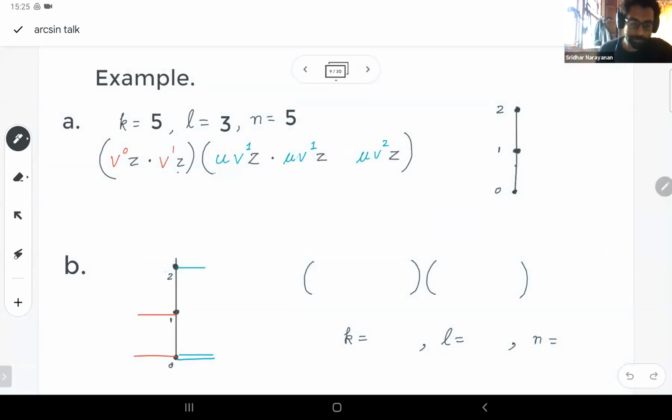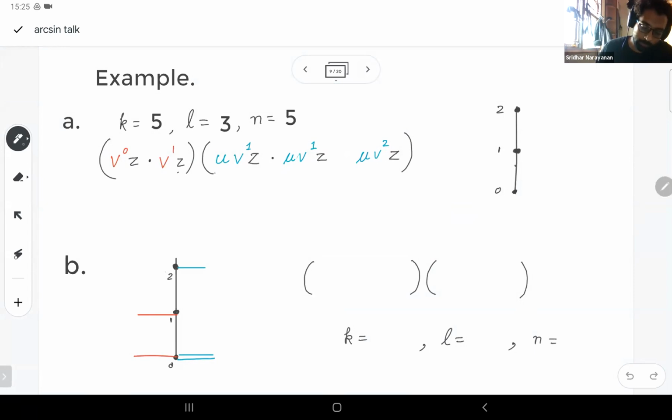So here we are considering a term that comes from a product of this kind. The first two are from the numerator. So we've chosen a v raised to 0 z and v1 z from the numerator. And the other three terms are from the denominator. And we want to mark them on this axis.